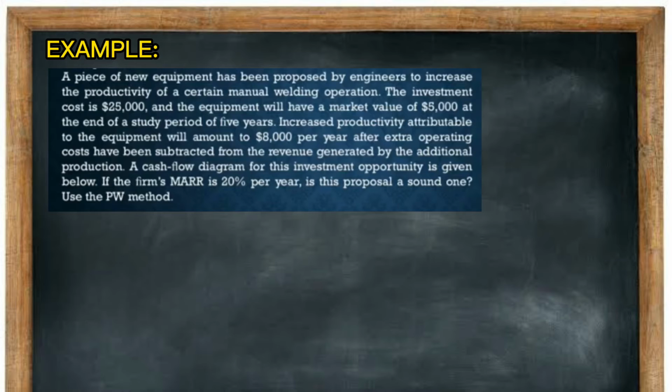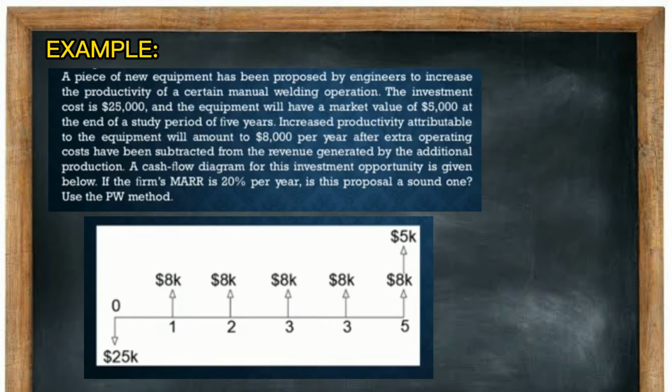The investment cost is $25,000 and the equipment will have a market value of $5,000 at the end of the study period of 5 years. The increased productivity attributable to the equipment will amount to $8,000 per year.